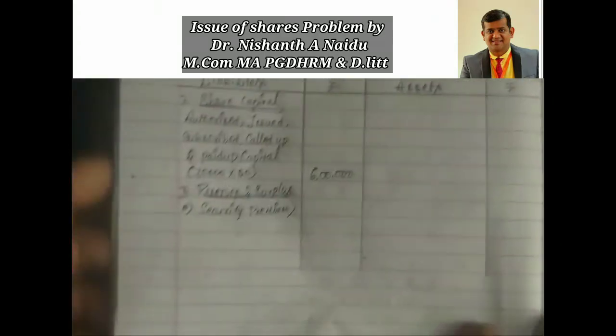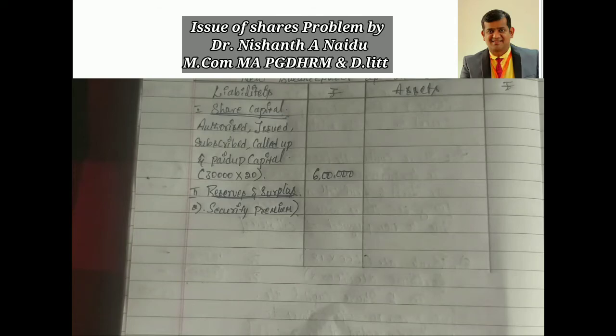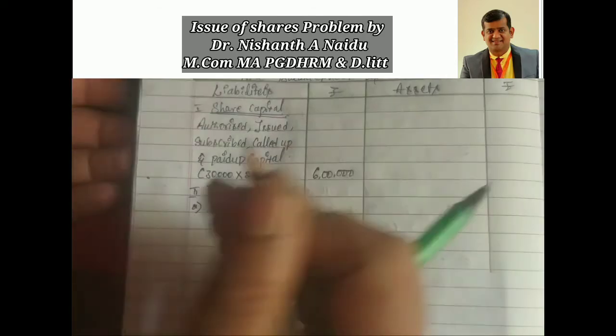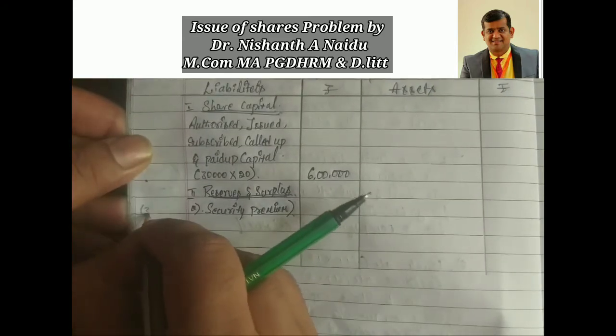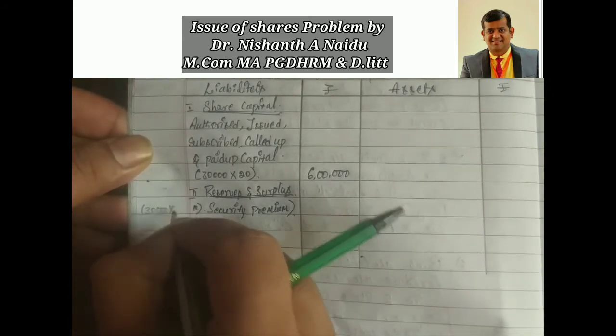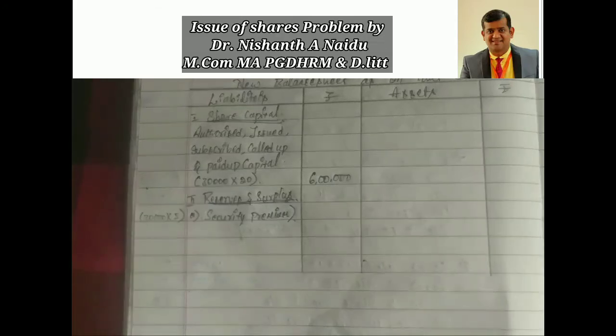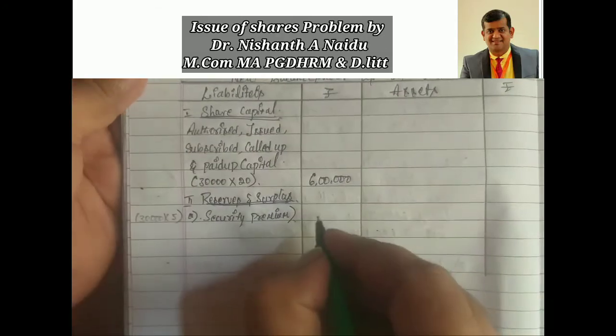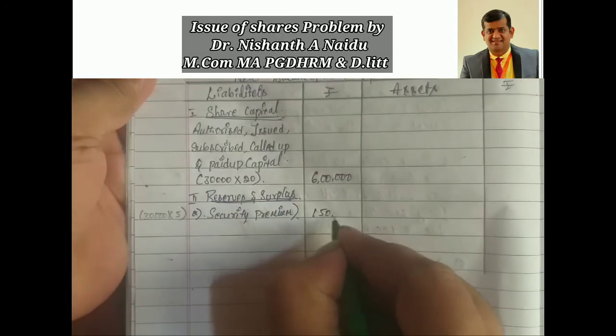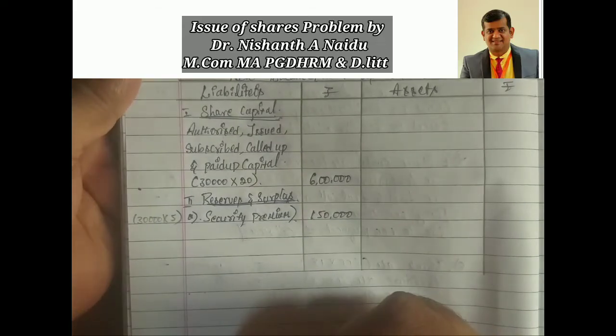If you get confused by looking at that, what you can do is make a small working note here next to it. That is the number of shares issued, 30,000, into the premium amount of 5 rupees. So 30,000 into 5, how much are you going to get? 1,50,000.